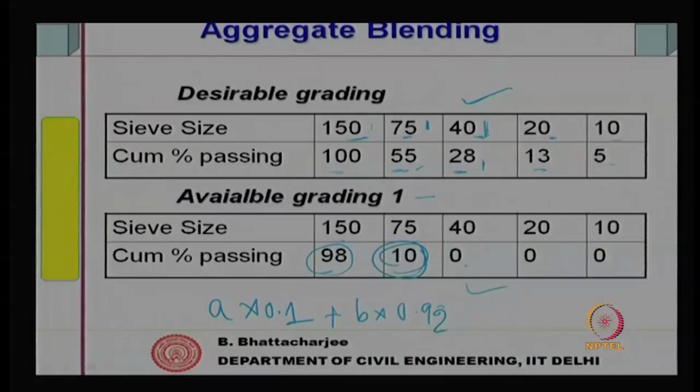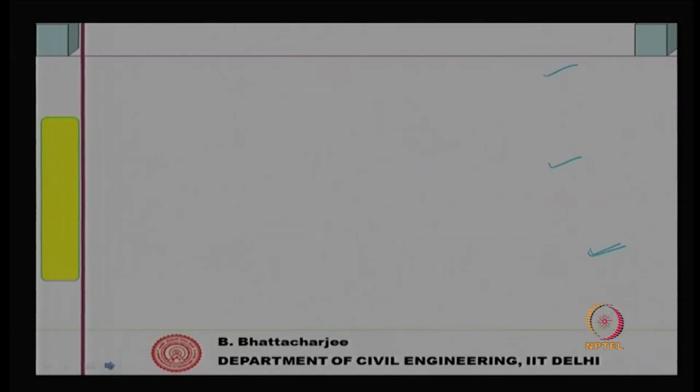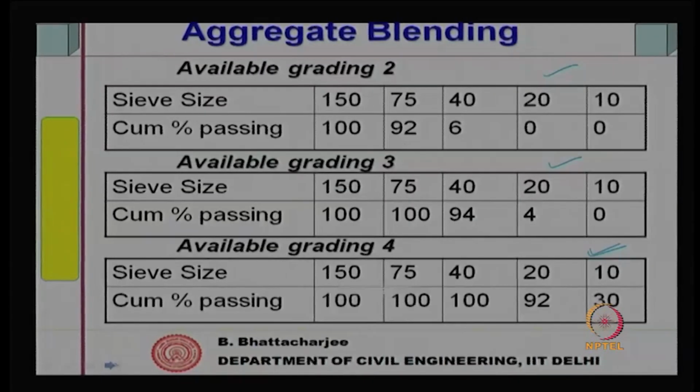Similarly for C and D, that would be the quantity of material passing through 75 mm. How much should I have? This must equal 55% of my overall, so 0.55 of A plus B plus C plus D. So, I can set an equation at 75 mm size.